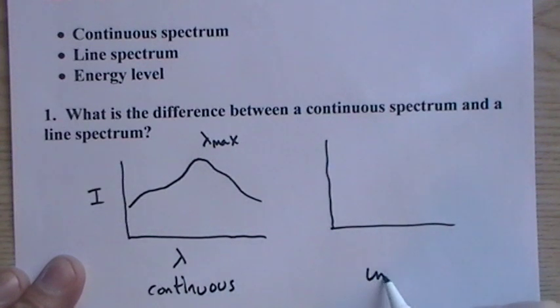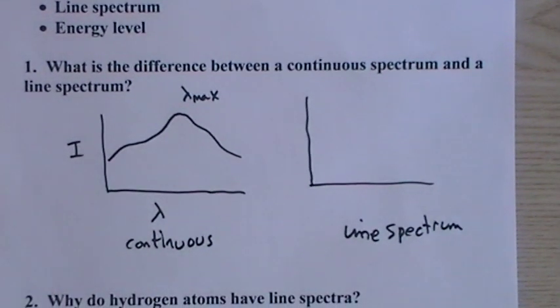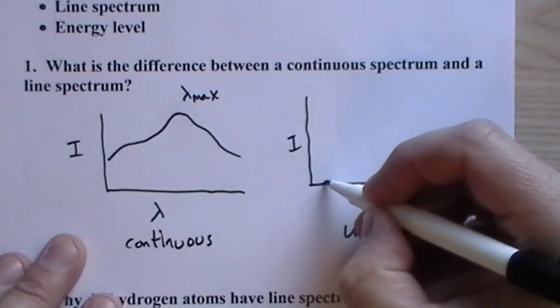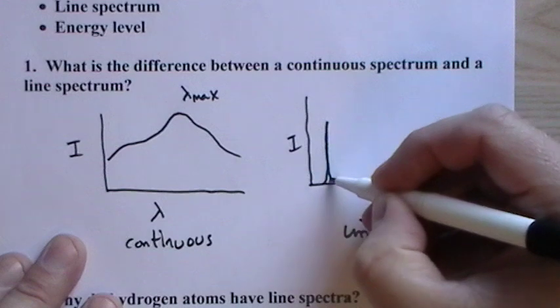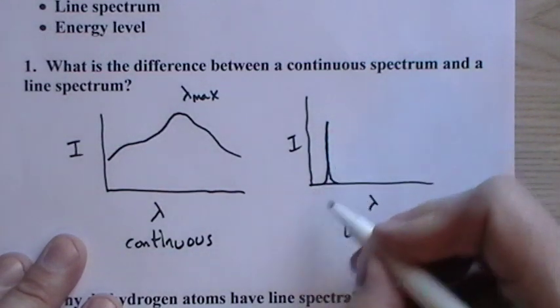But then line spectra of elements: when you take a pure element and let it absorb energy and emit energy, it will give off or absorb light at very particular wavelengths. I draw it like this because that's what it actually looks like.